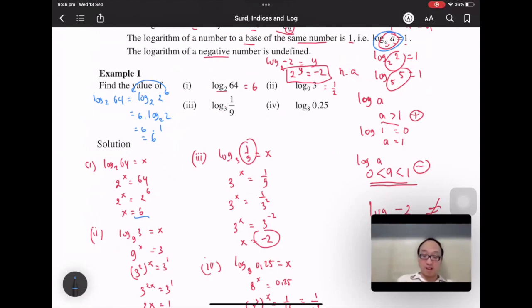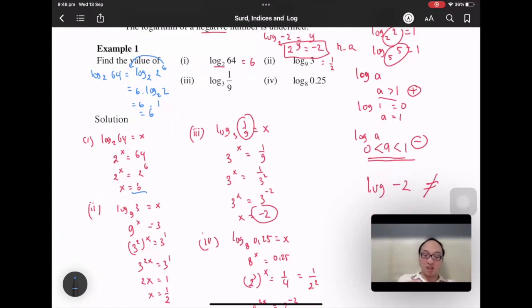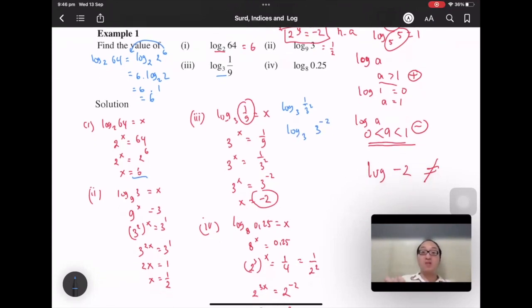And then the other one, I will choose this one. So this is log base 3 of 1 over 9. 1 over 9 is 1 over 3 squared, so this equals log to the base 3 of 3 to the power of negative 2. And then the power can move to the front. So negative 2 log 3 of 3, and log 3 of 3 equals 1.